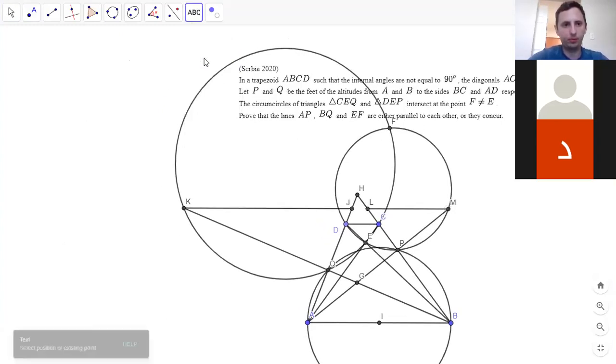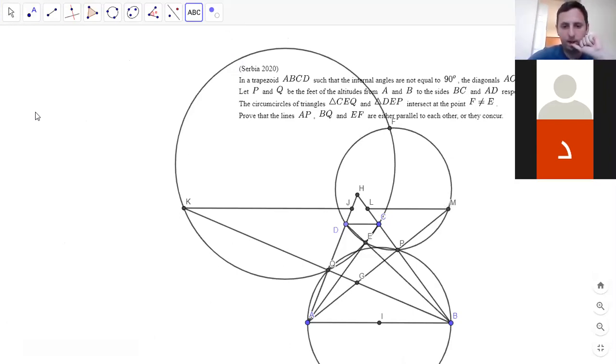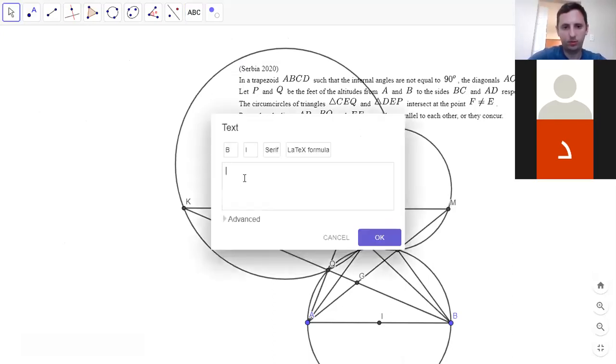So I'm just going to do some scratch work here, but the distance from K to the line AB is the distance from Q to the line AB times KB over QB.